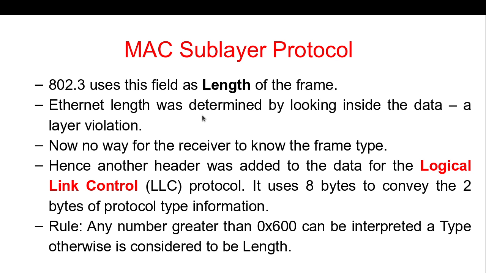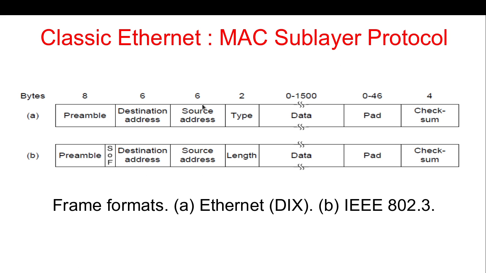Now, as this field is used as length, there is no way for the receiver to know the type of that frame, and that's why one more header was added to the data part for the logical link control, LLC, protocol. It uses 8 bytes to convey the 2 bytes of protocol type information. As we have seen previously, the type field had 2 bytes.